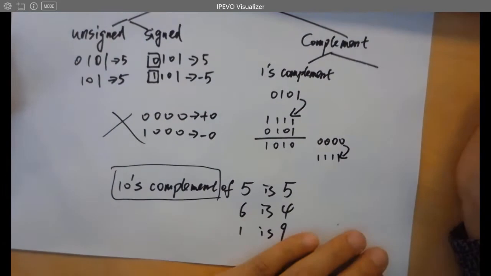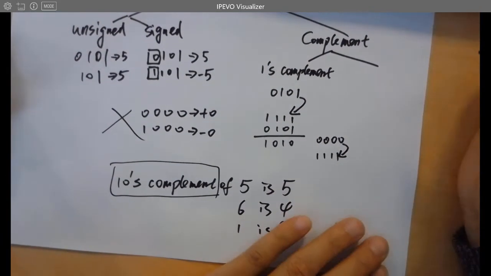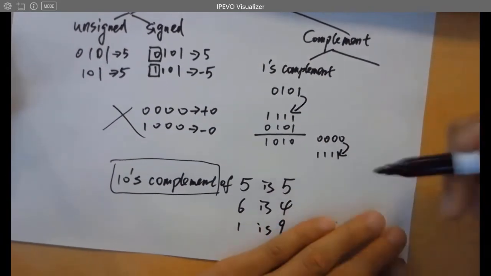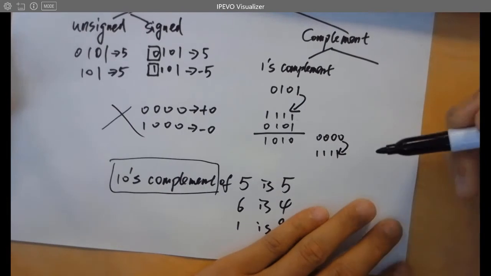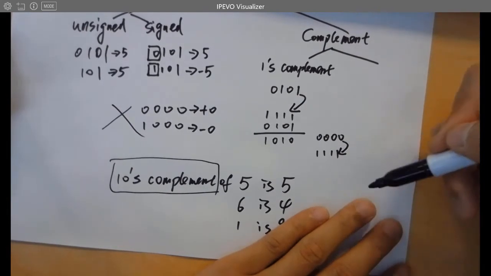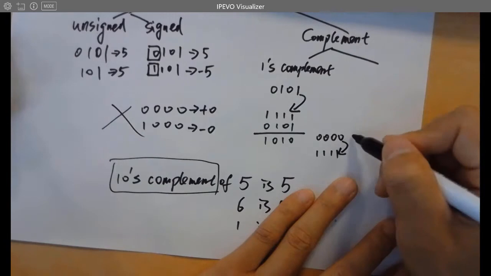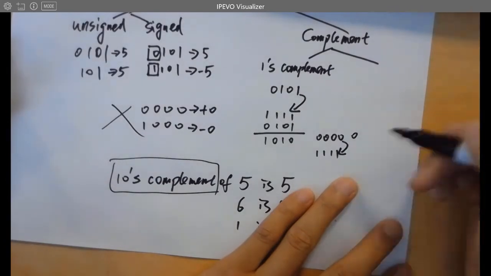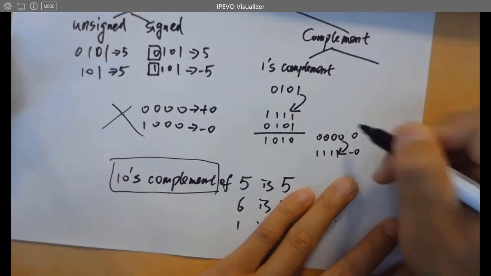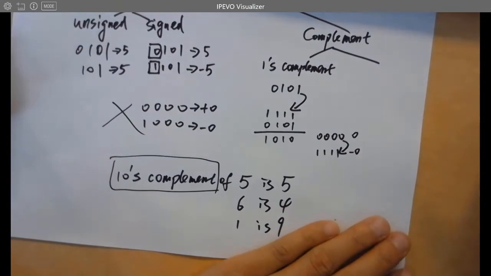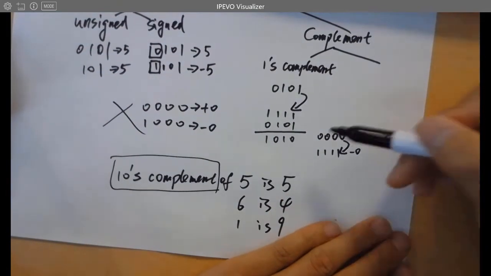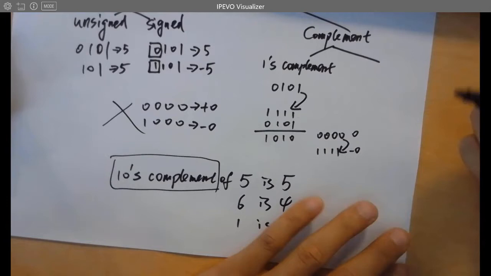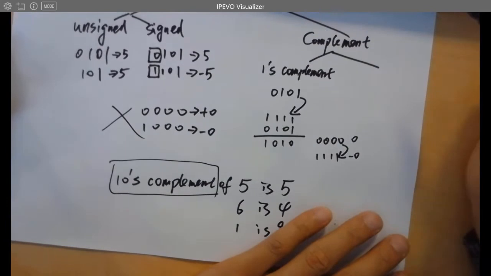You have two different binary numbers actually representing the same number. That's 0, and that's minus 0 or something. They are the same number, but you have two binary numbers, which can sometimes cause problems.